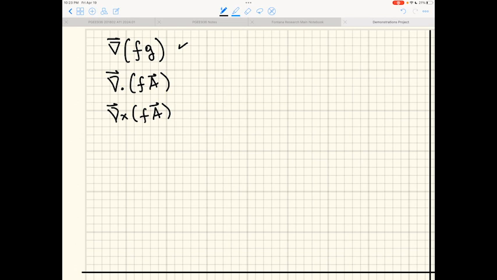Let's start with this one here. The gradient of a product of two functions. Well, if we use the representation for nabla in which repeated indices are equal to sum, it's going to be something like this, and each of these is a derivative operation, a type of derivative that depends on the coordinate system, but it's going to be something like this, right?